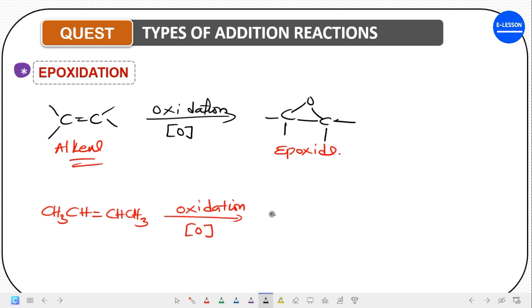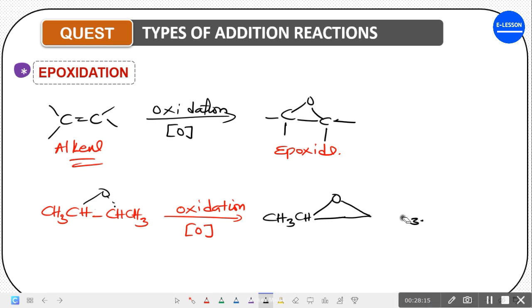Now this reaction is going to give us CH3. Okay, then we are going to have CH, right? Then we are going to have this oxygen here linked to this double bond. Now it's at this point that oxygen is always added, and then this double bond will what? Will break. Okay, so what are we going to have? The structure is going to look something like this, and here becomes CH CH3, and this becomes the product of this reaction.